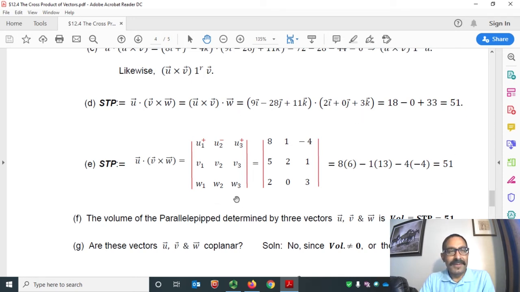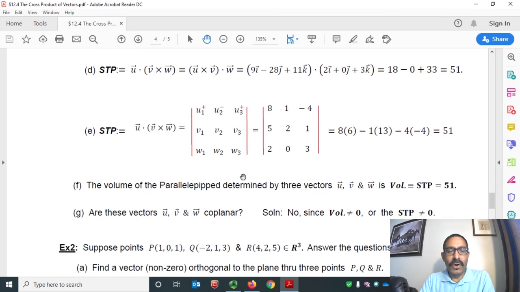Let's move on. Part F, the volume of the parallelepiped determined by three vectors u, v, w is by definition just the scalar triple product, which we already computed here. Answer is 51. That means we found the volume of the parallelepiped using this scalar triple product.